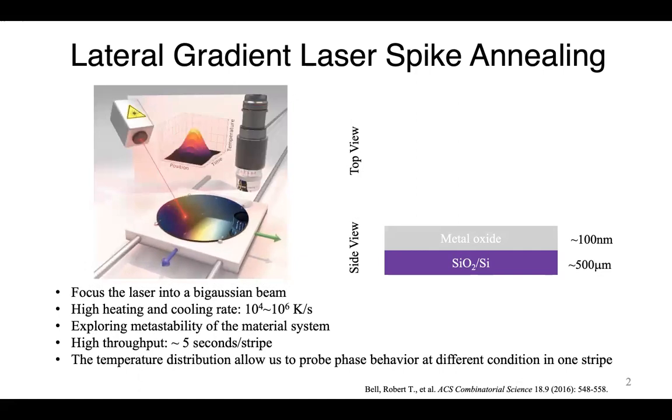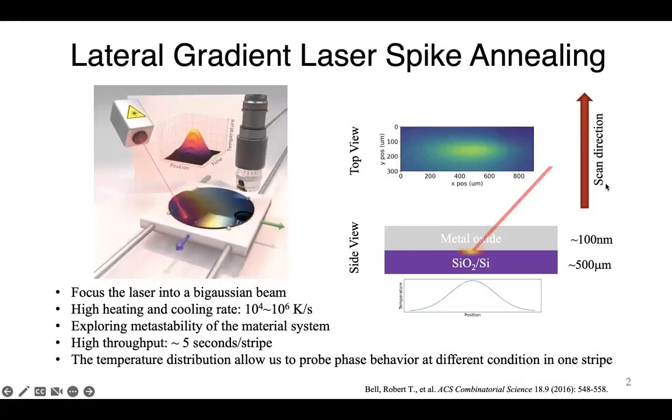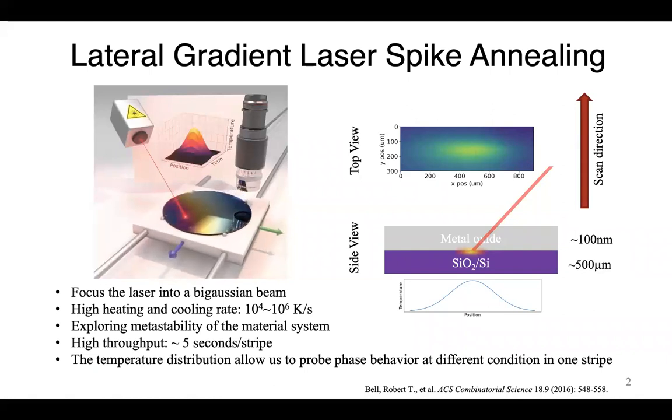Basically, we focus the laser into a bi-Gaussian beam so that there is some temperature dependency on the x-axis. As you can see, this is our beam, which is about 1 millimeter wide and 200 microns in the scan direction.